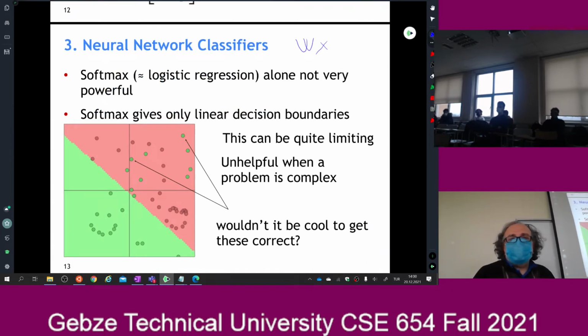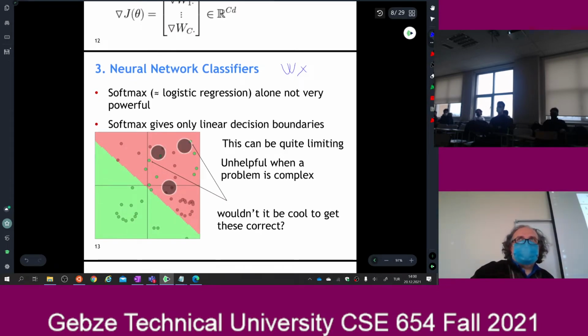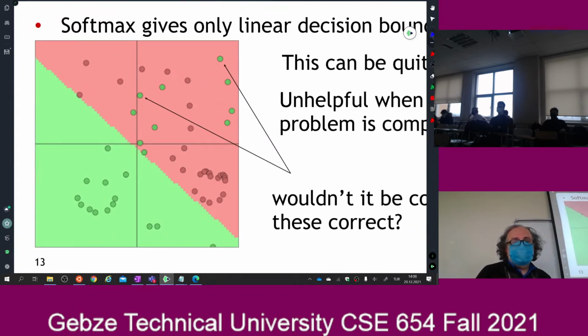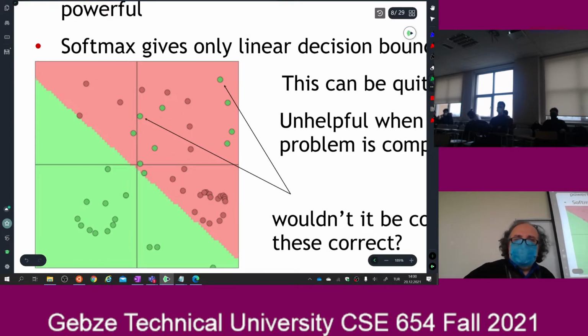But it turns out that I can only do linear stuff, so I can only say that above this line, I think that this car will sell. Below this line, I think that this car will not sell, etc. So this is very restricting, because whatever line I draw, I can only get this much correct. If I try to draw this line here to get these green ones, I cannot get them correct.